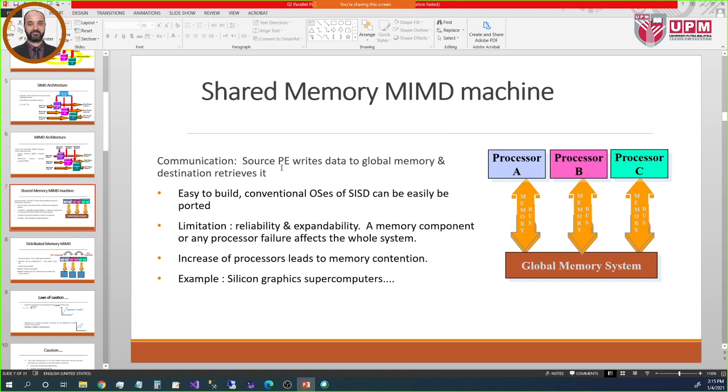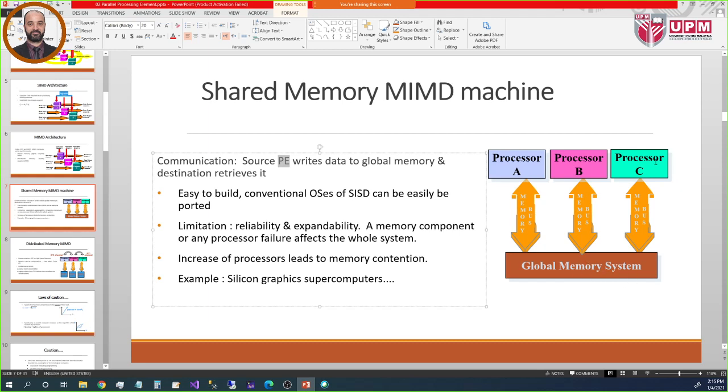Communication here: this PE means processing element. So the source processing element writes data to global memory and the destination retrieves it. Maybe there is an application that has multiple tasks, and every task is running in a different thread. The first task is using processor A, and it does some processing on certain data, then saves something called X in the shared memory.